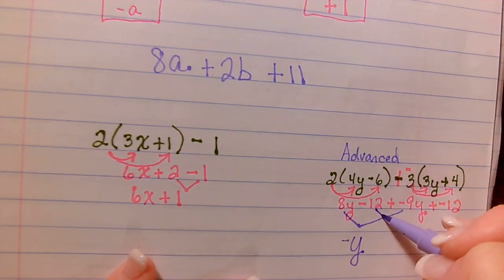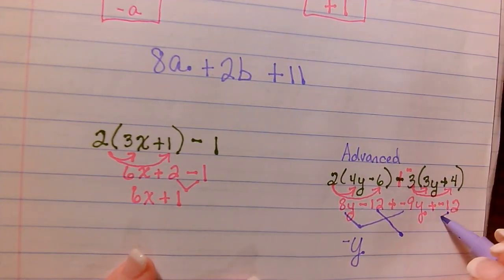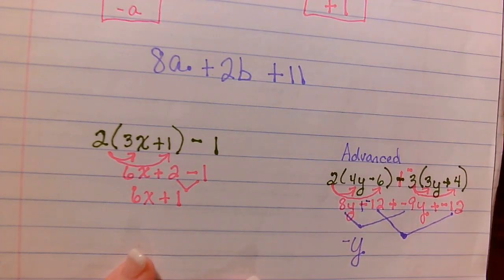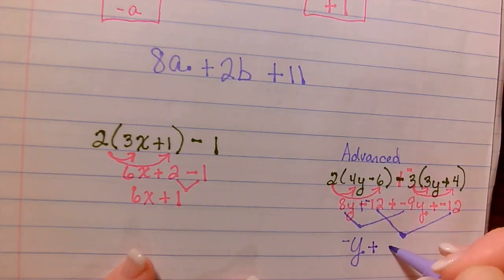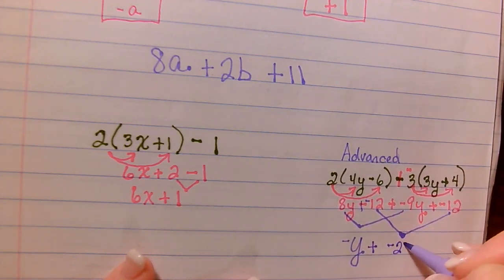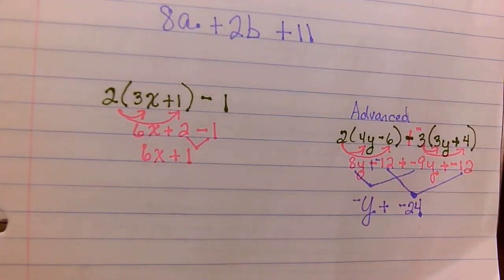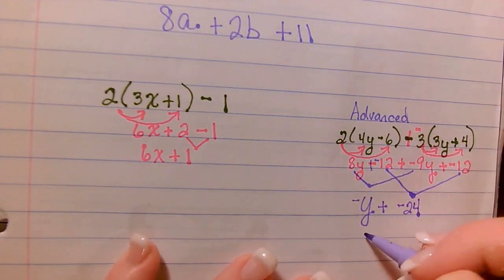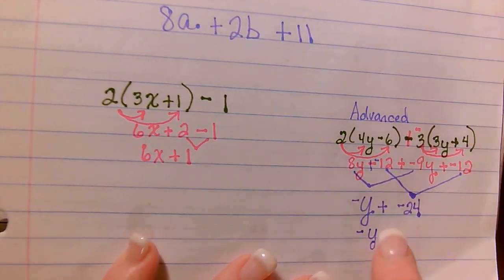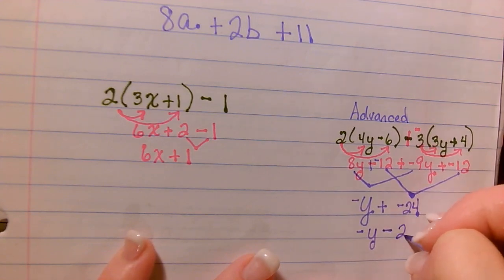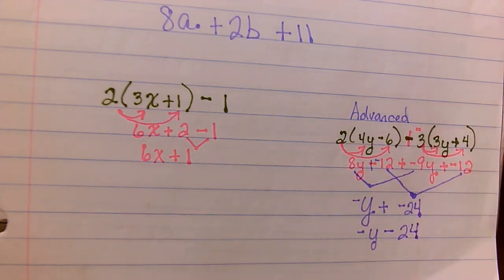Then negative 12 plus negative 12, because this is minus 12, so I could put plus negative if I want to. Signs are the same. I add, take the sign, plus negative 24. Now let's talk about what this means to be simplified. Remember, this is advanced. That's the same as negative y. When you're adding negative, the final answer, just change it to just subtracting. So negative y minus 24 is your advanced question and answer.